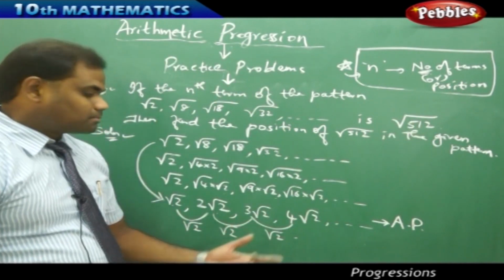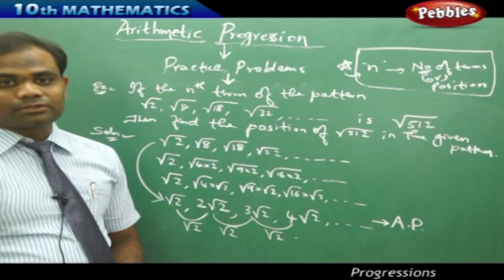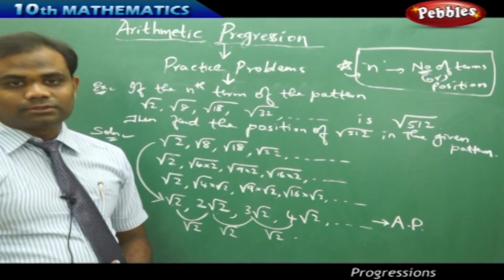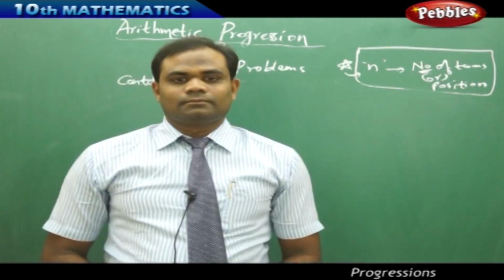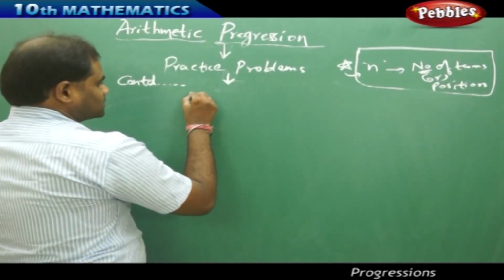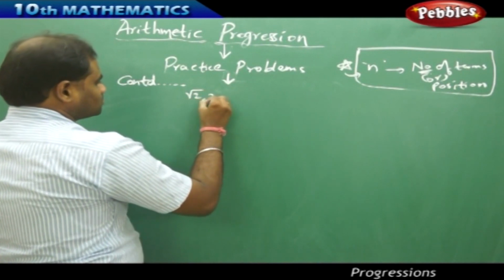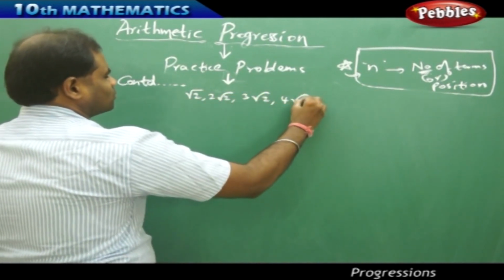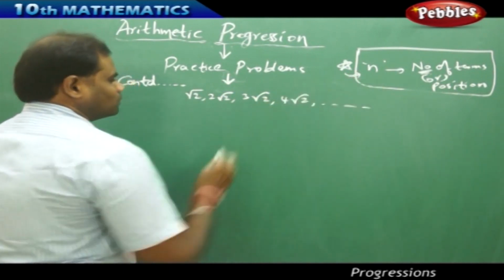So this being an arithmetic progression, I would like to find the n, or the position, using the formula. Let's consider the simplified sequence, which is root 2, 2 root 2, 3 root 2, 4 root 2, and so on and so forth.